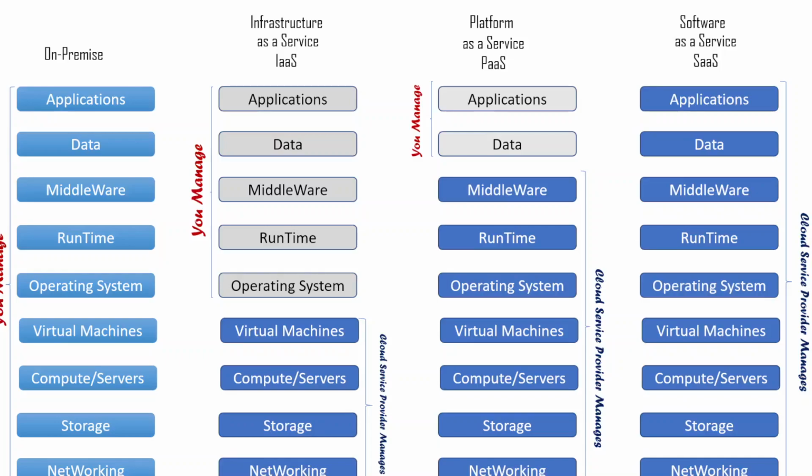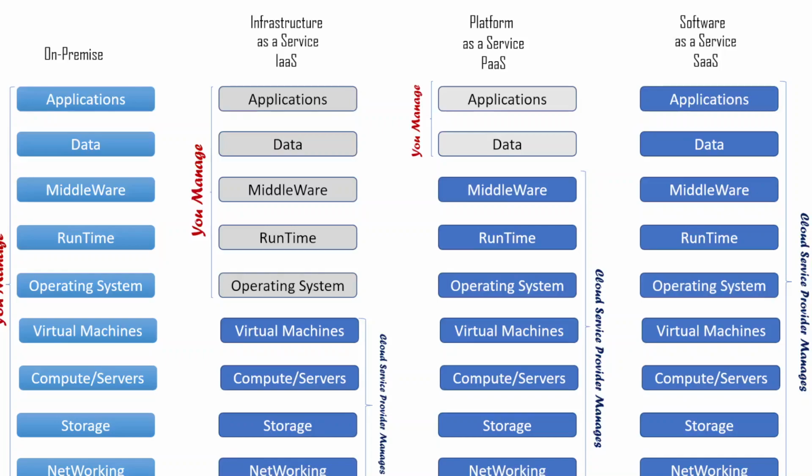With the data storage, you don't even need to think about how the data is being stored, where it is being stored. Everything will be managed by Microsoft itself if you are opting for Microsoft 365. So this was the main difference and the definition of IaaS, PaaS and SaaS.